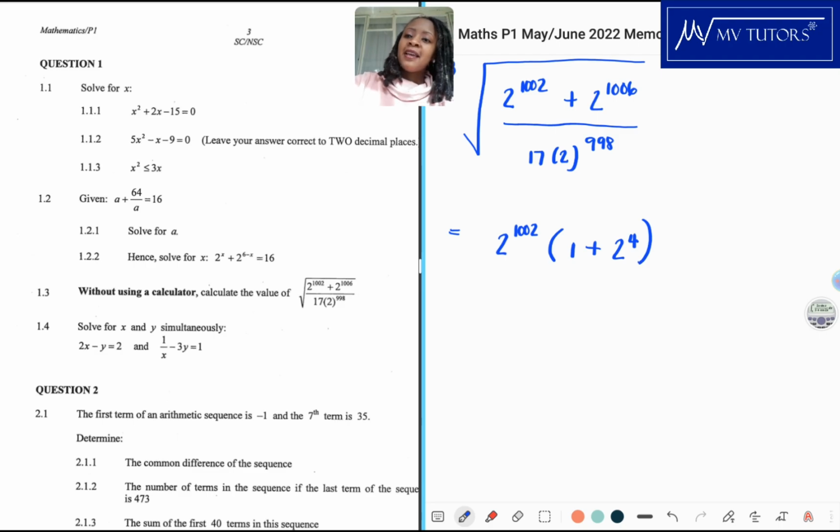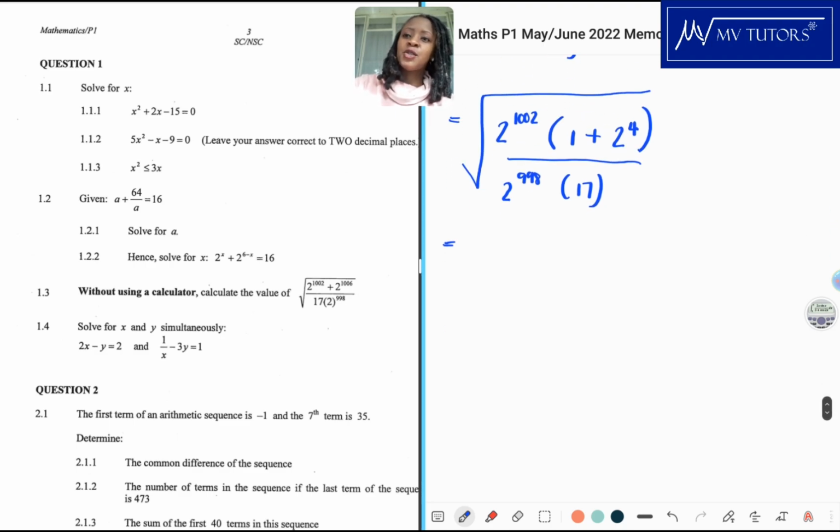And then in the denominator, I can just put 2 to the power 998 to the side, and I have 17 there. If you take 2 to the power 4, it gives you 16, and 16 plus 1 is 17. Forgot the square root.